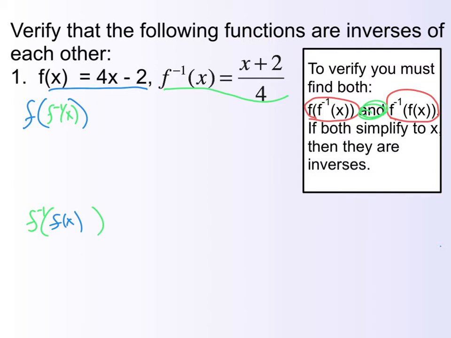All right, so f inverse is x plus 2 over 4, and I have f of that. Okay, so the f function tells me to take 4, multiply it by the x, and subtract 2. In this case, I have inside of the function x plus 2 over 4. And if I think about that, I have to multiply fractions, so that is going to be 4 over 1.